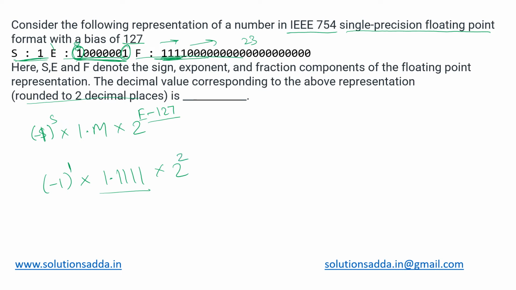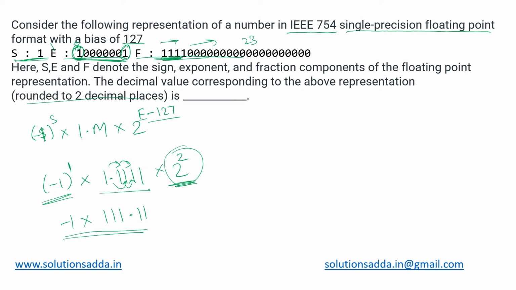Now when we evaluate, this is minus 1 into 1 point followed by 4 ones, and then we have 2 in the exponent part, which means this decimal point can be shifted 2 places ahead. That would become 111.11 because this point has been shifted to this place and to this place. 2 places have been shifted because of this exponent. Hence this is our result.